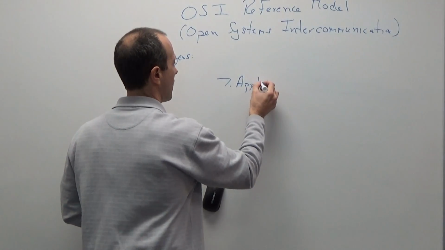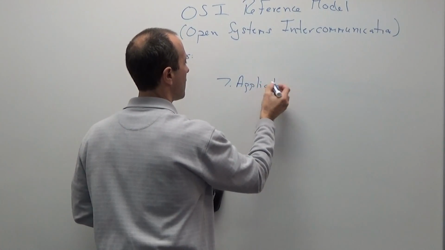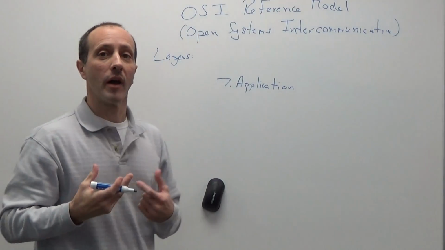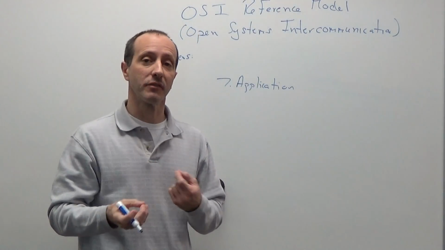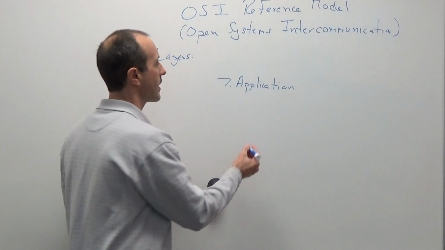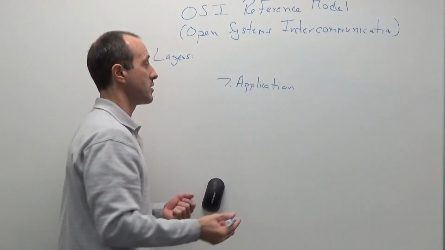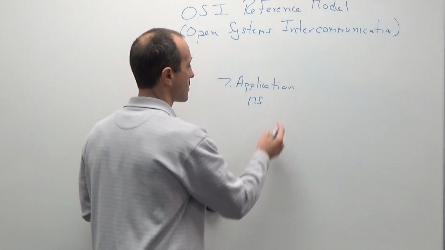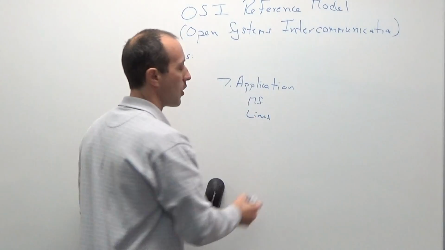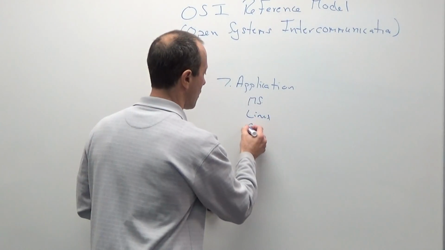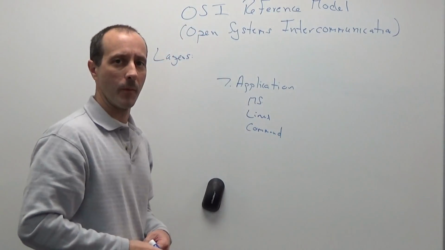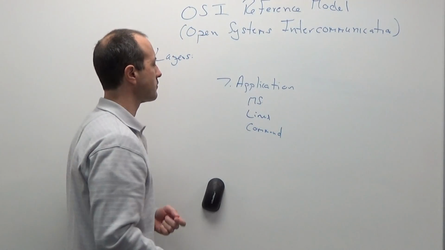The application layer. Application. Good job. So this is how the user actually interfaces with the device itself. Now, what kind of applications are there? You know, many of us are familiar with all Microsoft products, or if you're in Linux, or if you're working in the command terminal, the command prompt or the terminal, depending on what system you're using.